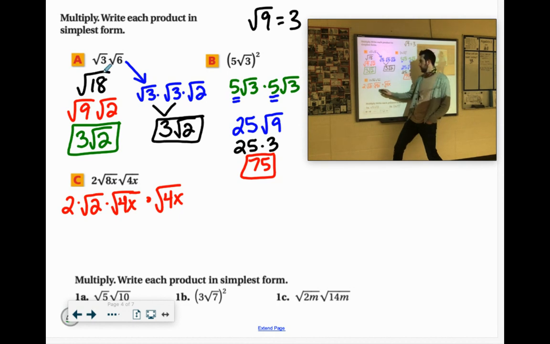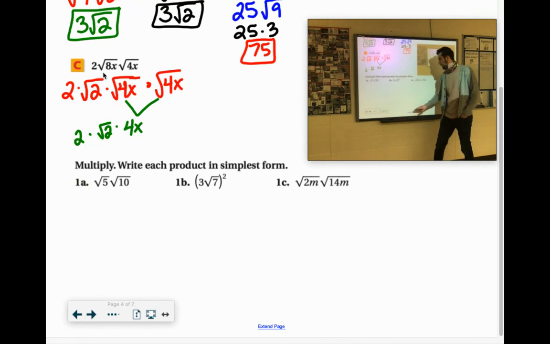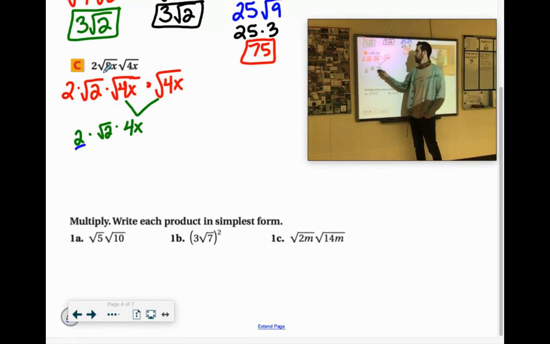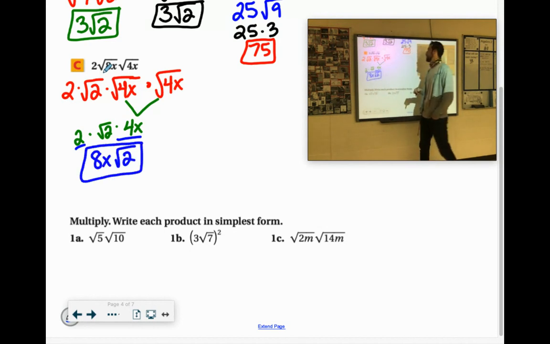So we can be like, oh, the square root of 4x times the square root of 4x is regular 4x. We got the root 2. We got the regular 2. Let me scooch down here. I didn't think I'd run out of room. And then you're like, 2 times 4x would be 8x root 2. That's one way you can get the answer.